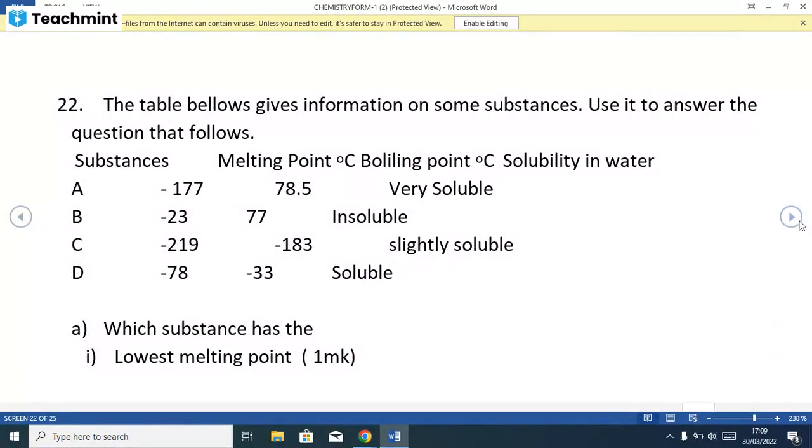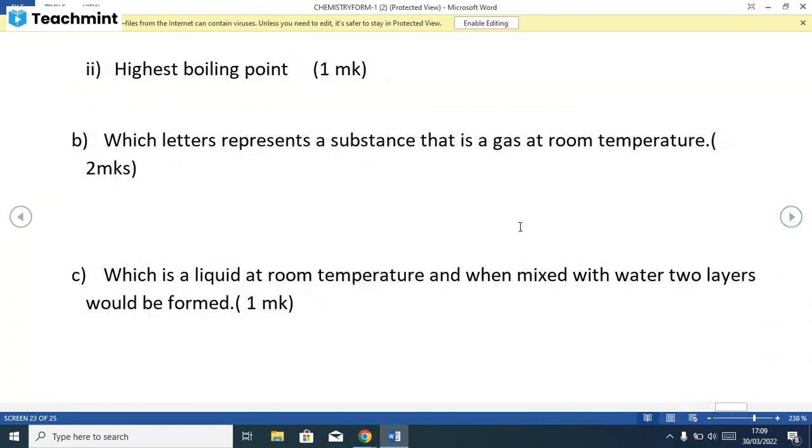Good. Next. Which is a liquid at room temperature and when mixed with water, two layers are formed?